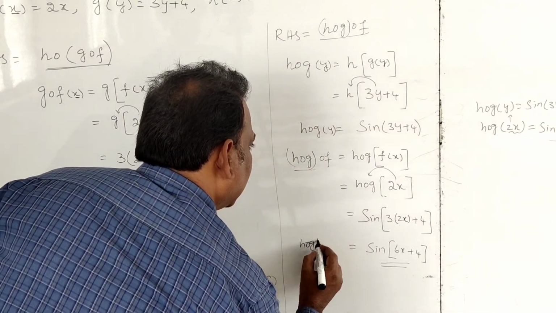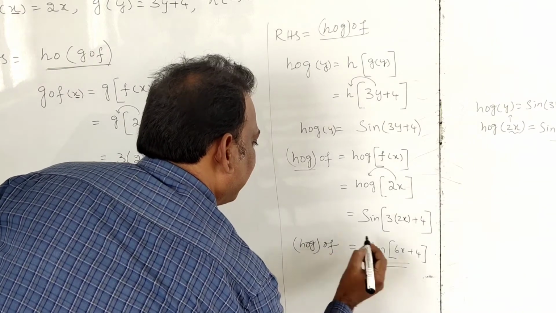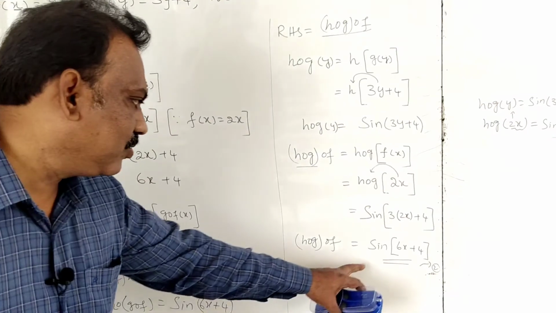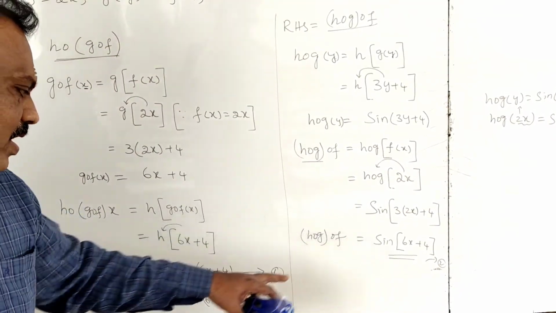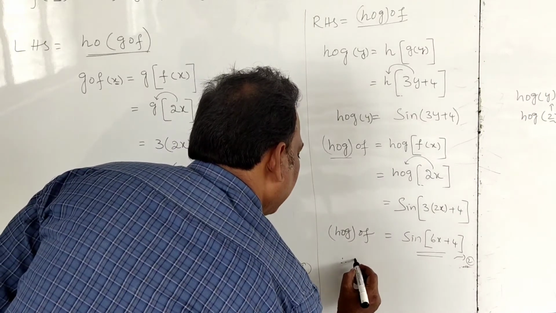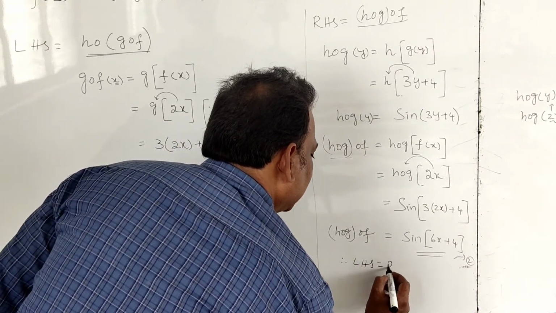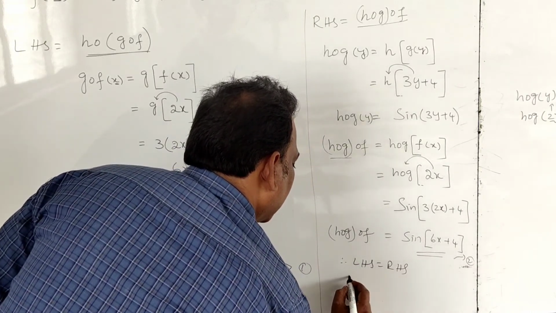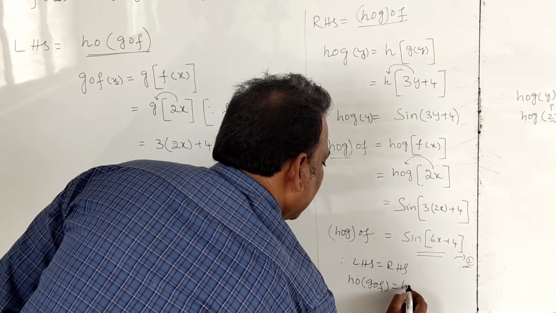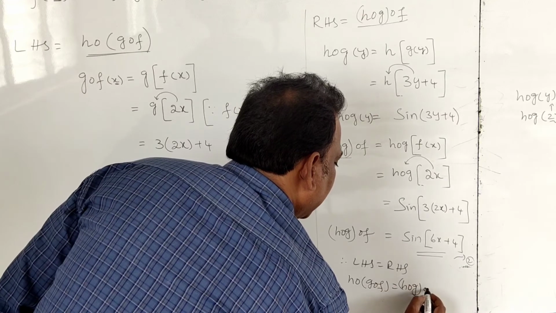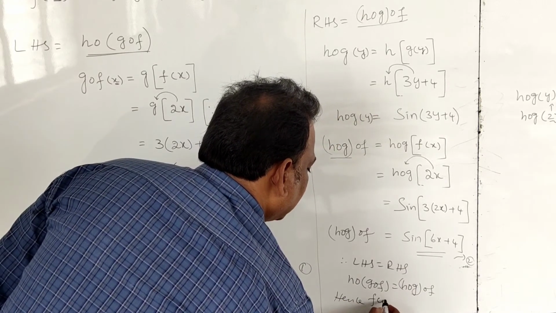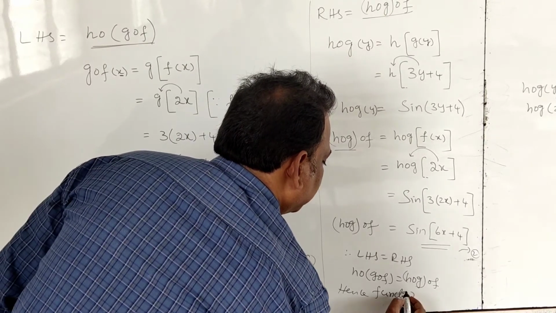So the h circle g circle f value, this is equation 2. Now you observed equation 1 and equation 2, both have the same value, sine of 6x plus 4. Therefore LHS is equal to RHS. So h circle of g circle f is equal to h circle g circle f.